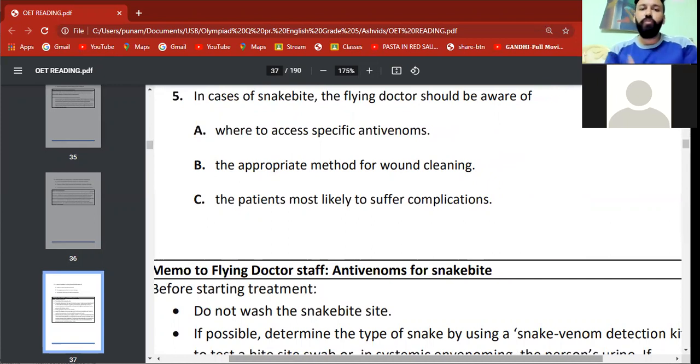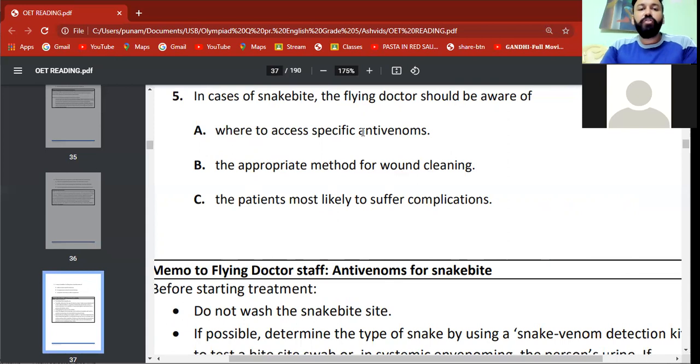Third, patients most likely to suffer complications. So here it talks about being aware in cases of snake bite.